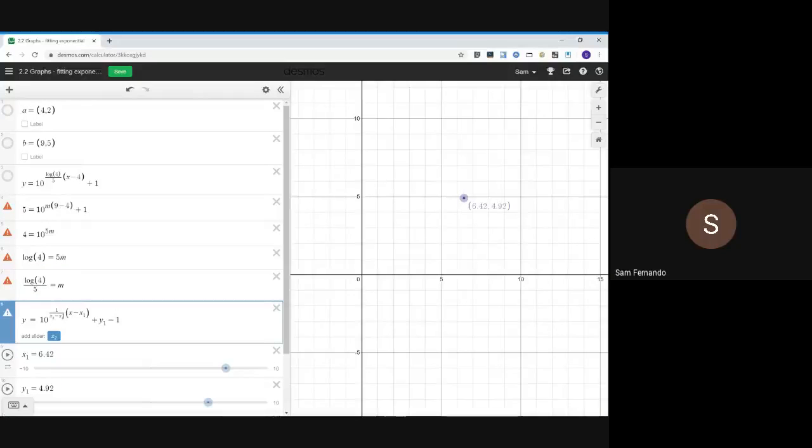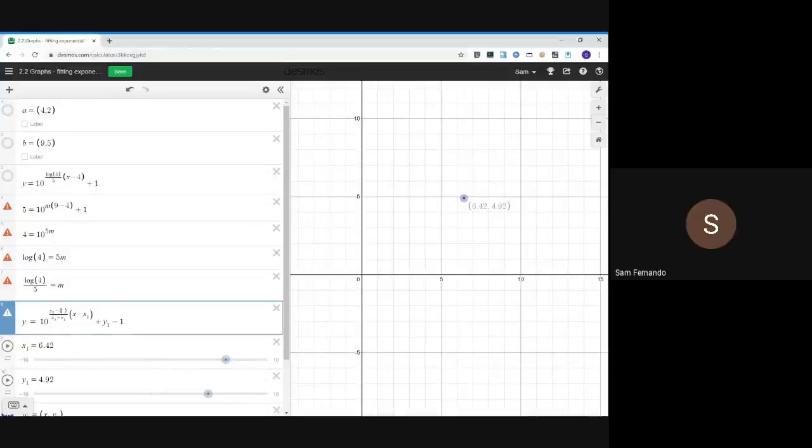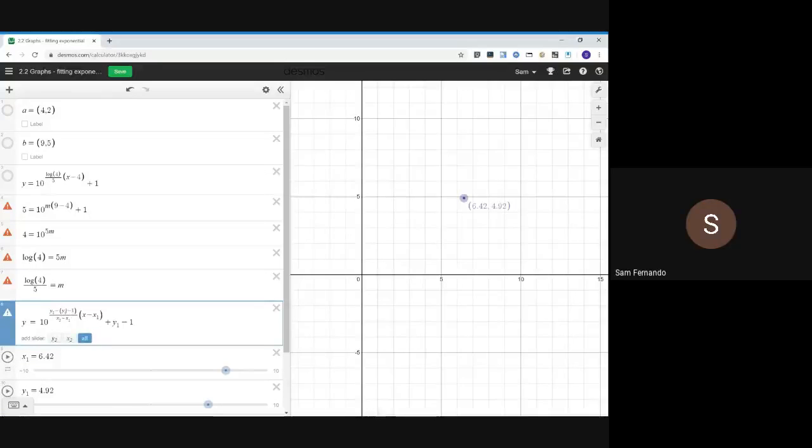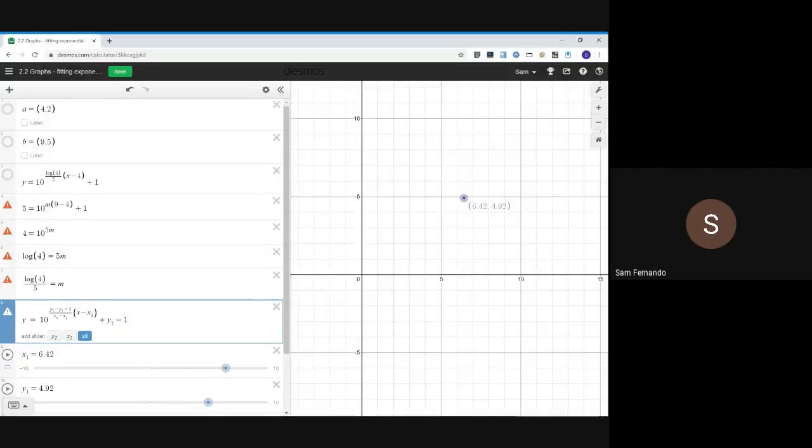And where did this log of 4 come from? Let's think. It was 5 minus 1. So the second y value, take away the first y value, take away 1, which is just first y value plus 1. And that's how we got the log of 4. Was this the difference in the y values, but plus 1.